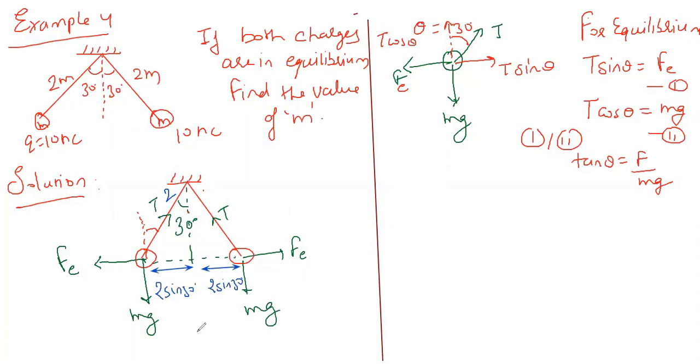So the total distance between these two will be equal to the sum of these two. It will be 4 sine 30. So the distance r is coming out to be 4 sine 30, and sine 30 is how much? Half. So it will be 4 into half, it will be 2.